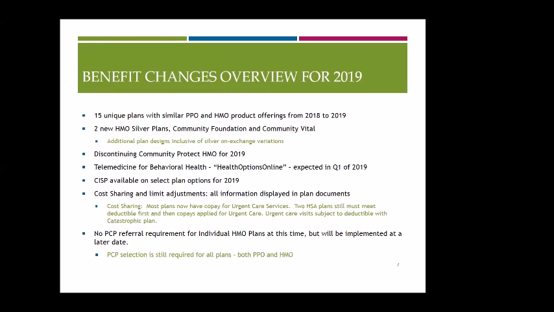We are introducing 2 new silver HMO plans, the Community Foundation and Community Vital plans. Both of those plans are inclusive of the silver on-exchange variations, and we'll look at those later. We are discontinuing one plan, the Community Protect HMO, for 2019.